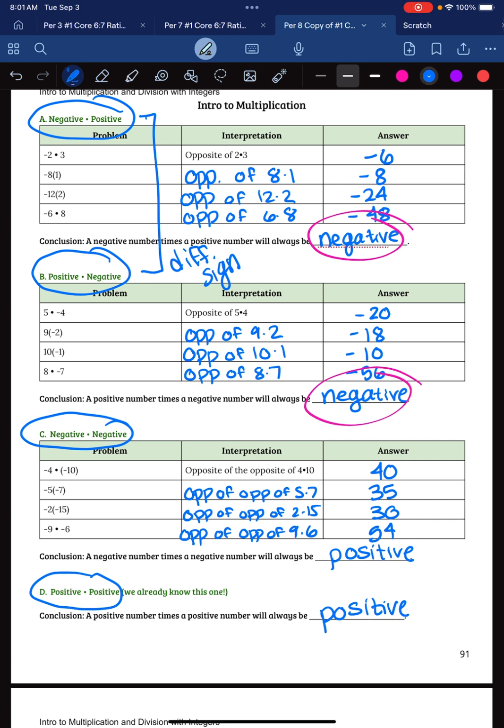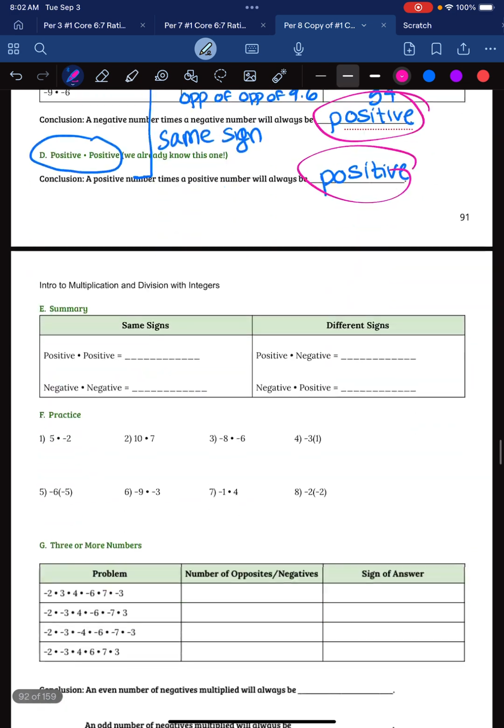Then section C and D taught us about same sign problems. So this would be 2 positives or 2 negatives. And we learned that those answers will always be positive. So different signs, negative answer. Same sign, positive answer. It doesn't matter which one's bigger. We're going to take that information and summarize it on the next page.